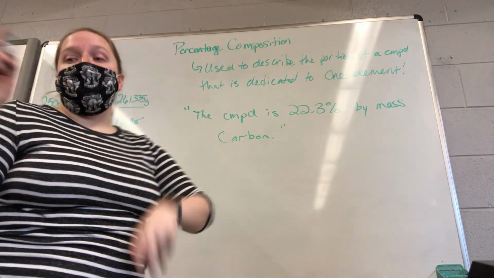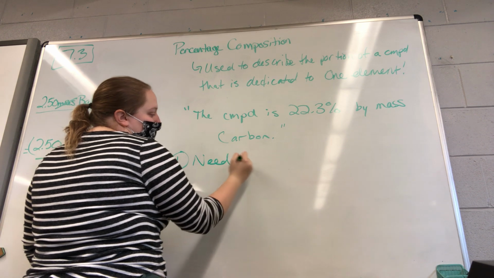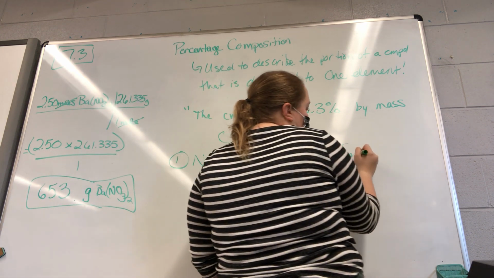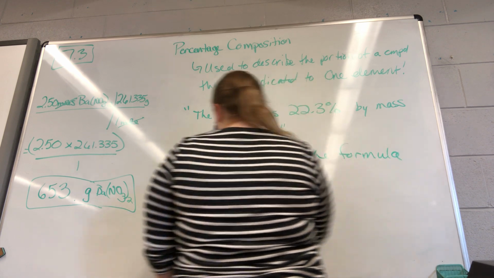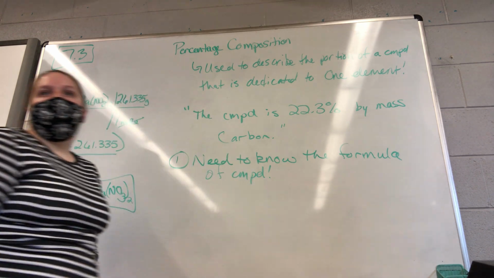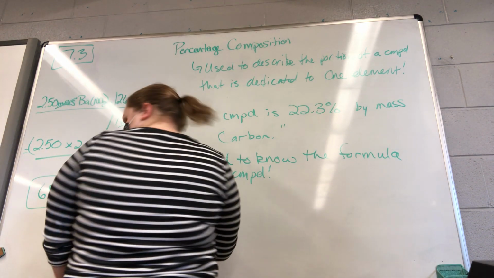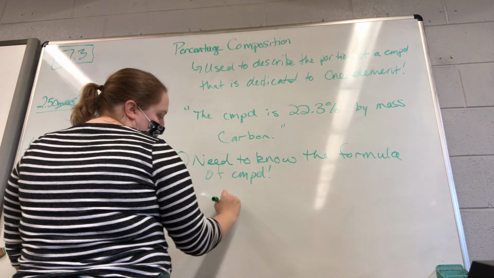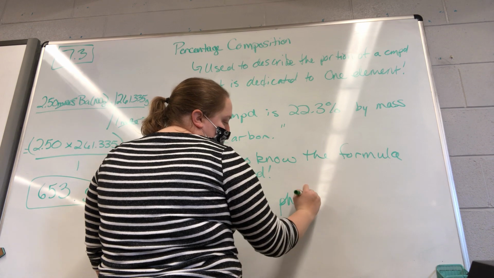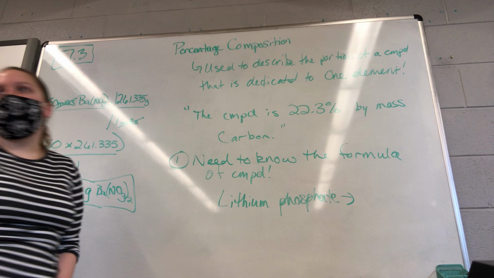So the first thing you need to know is the formula of your compound. So in other words, if I give you a name, you have to know the formula.